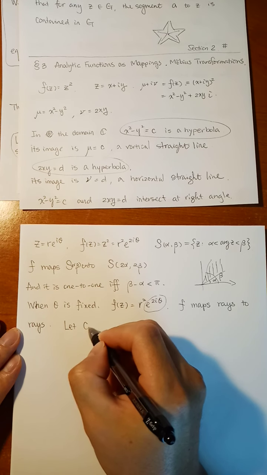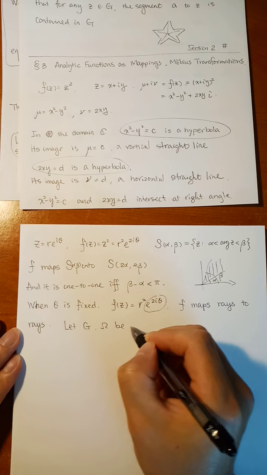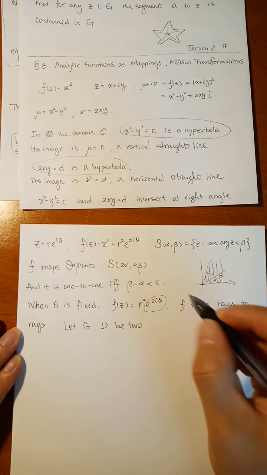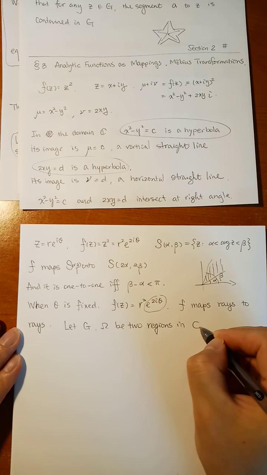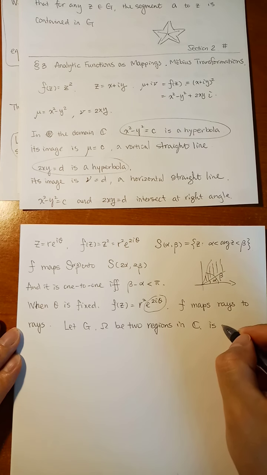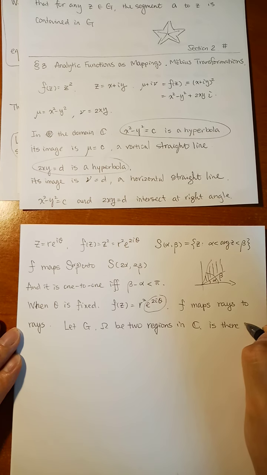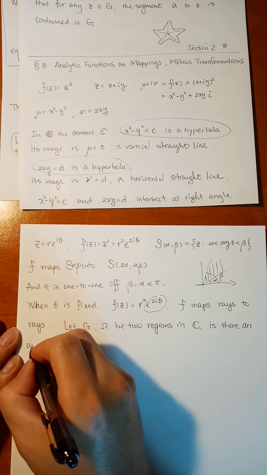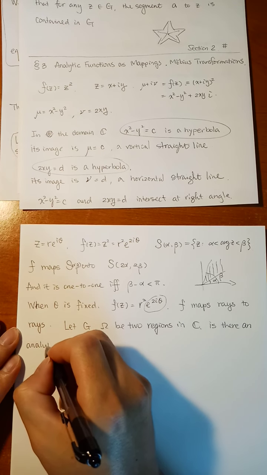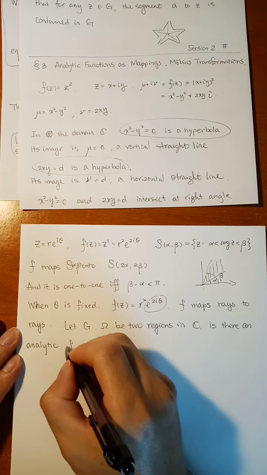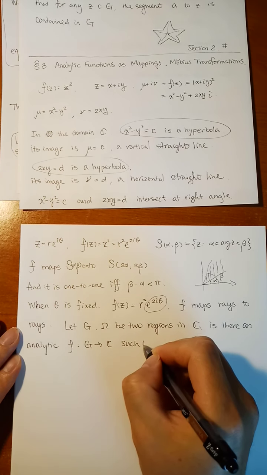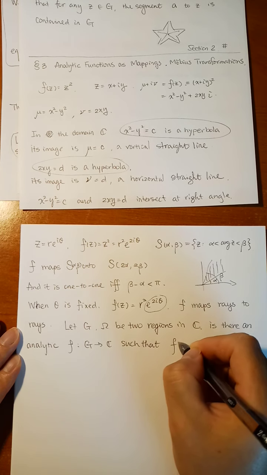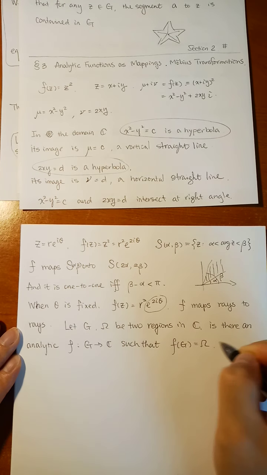Let G, omega be two regions in C. Is there an analytic function f from G to C such that f of G is exactly omega?